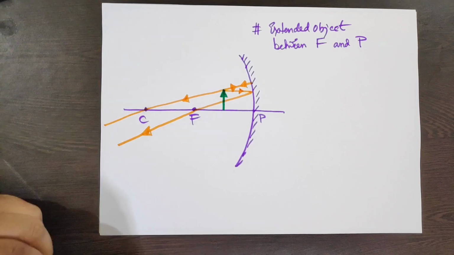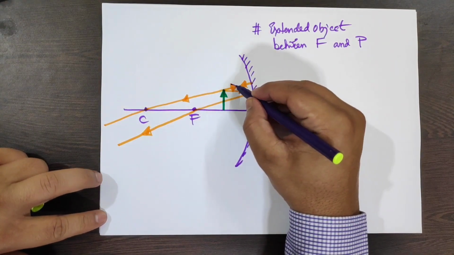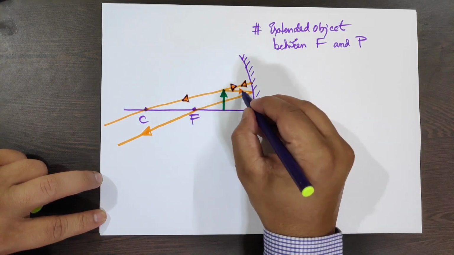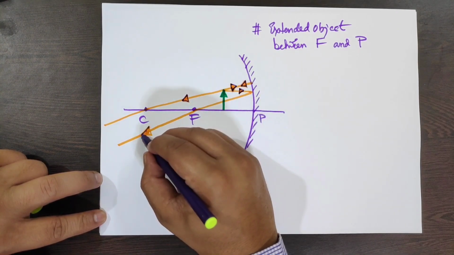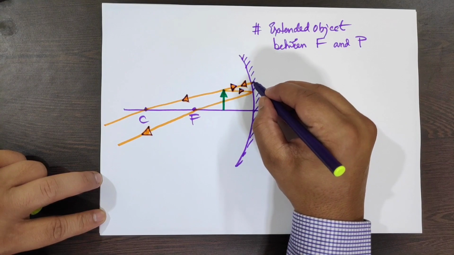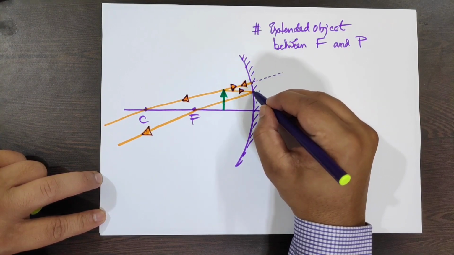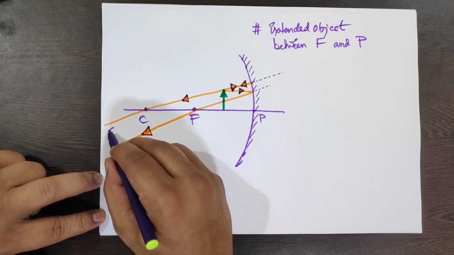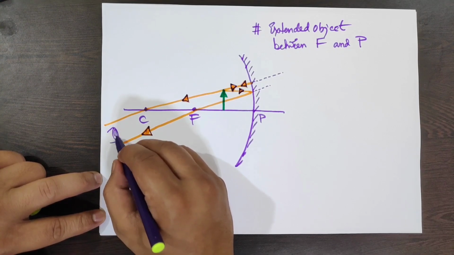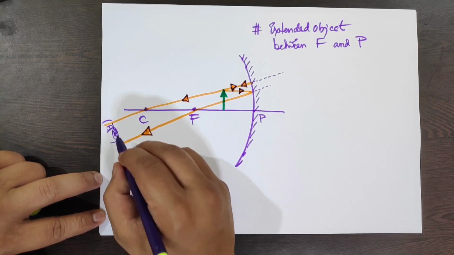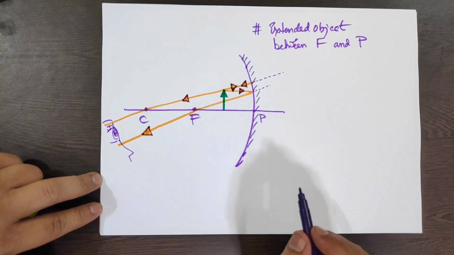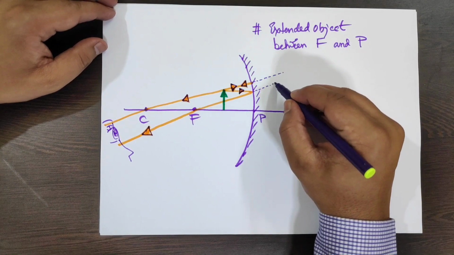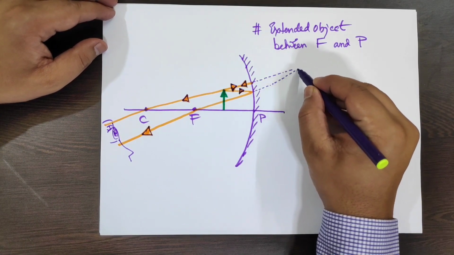And if you draw the ray diagram properly, this is it. So I'll again mark these things, this side, this. If you extend this, and if someone looks at the light rays, it appears to come from this point, right?